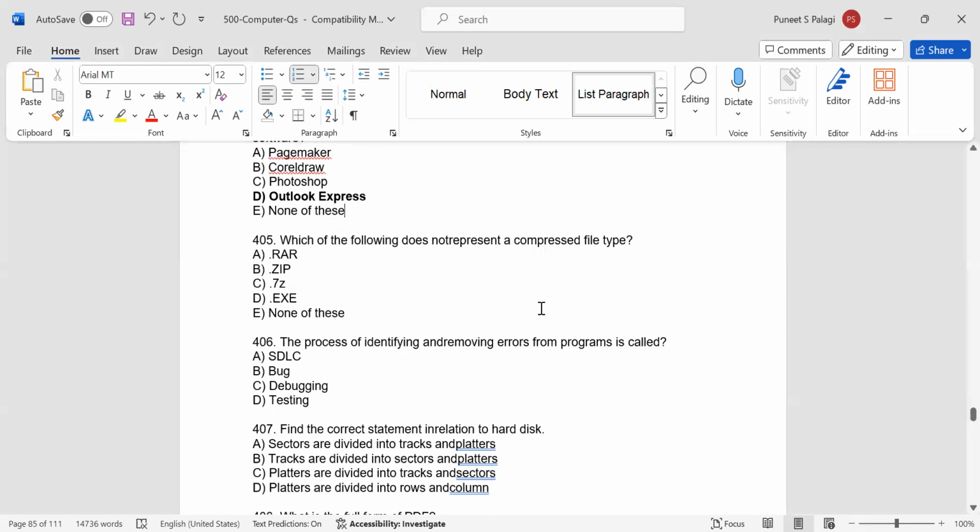Which of the following does not represent a compressed file type? .rar, .zip, .7z, .exe? It is .exe.